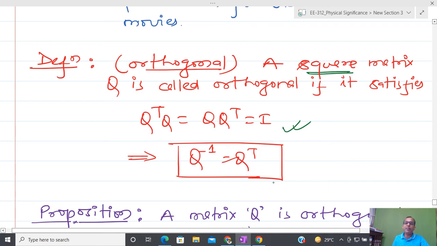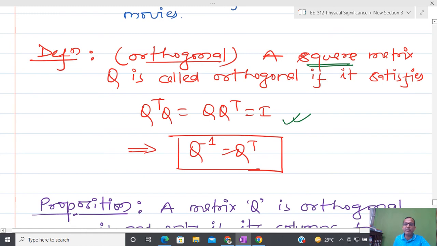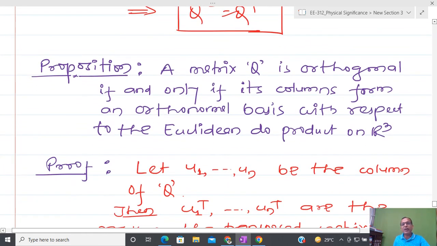of the column vector, they are trying to identify what kind of basic property is actually involved inside the orthogonal matrix. Okay, so that property I am going to identify using this proposition. So what this proposition is telling is that a matrix Q is orthogonal if and only if its columns form an orthonormal basis with respect to the Euclidean dot product.